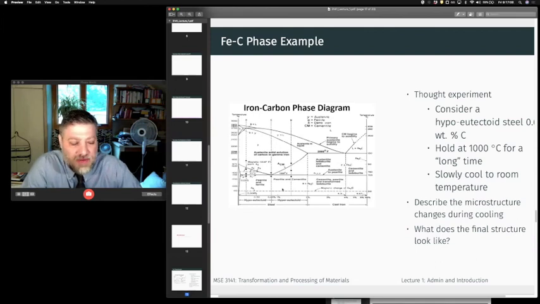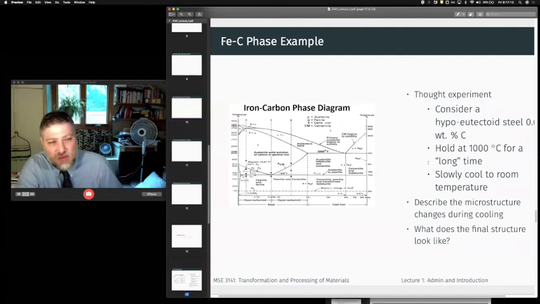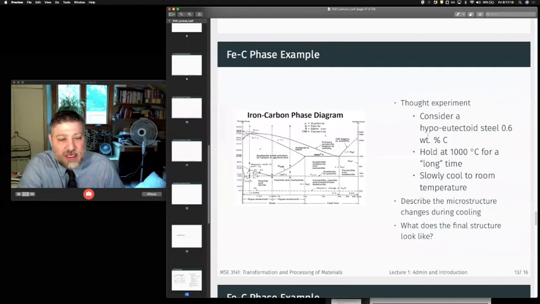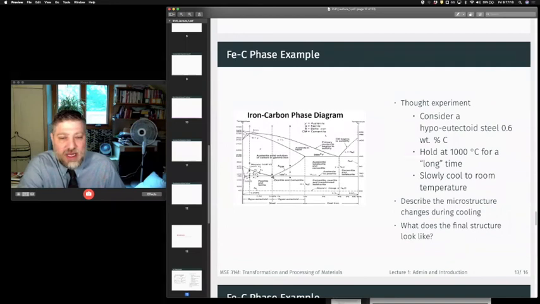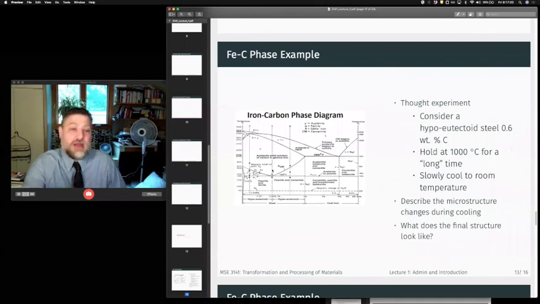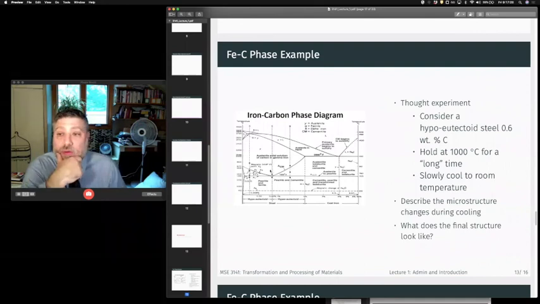But for the sake of it, I want everyone to consider a thought experiment, right? So we're going to consider a hypoeutectoid steel, meaning that we're to the left of this eutectoid point. We're going to hold it at 1000 C, right?